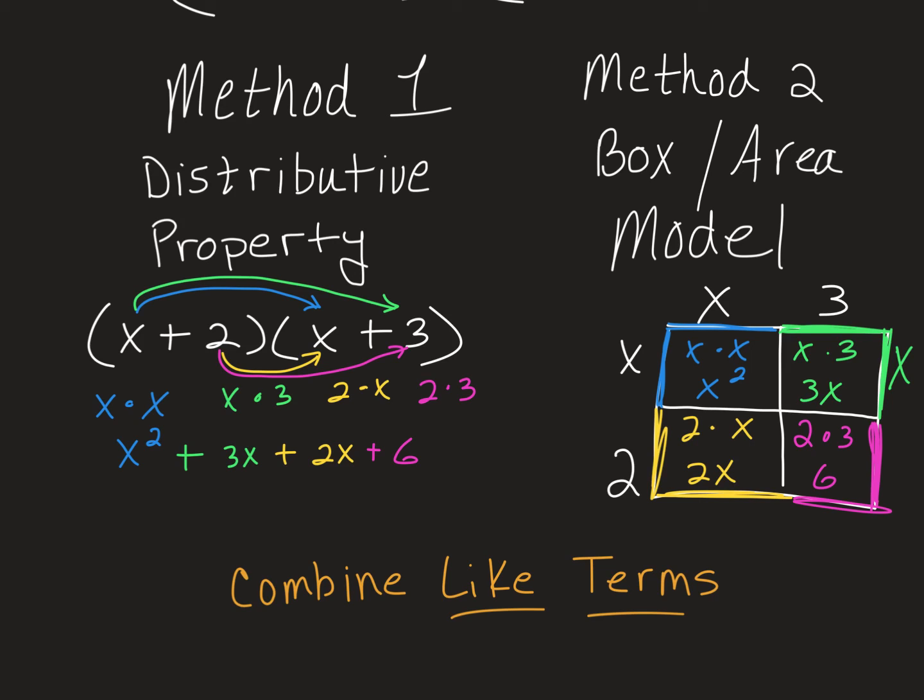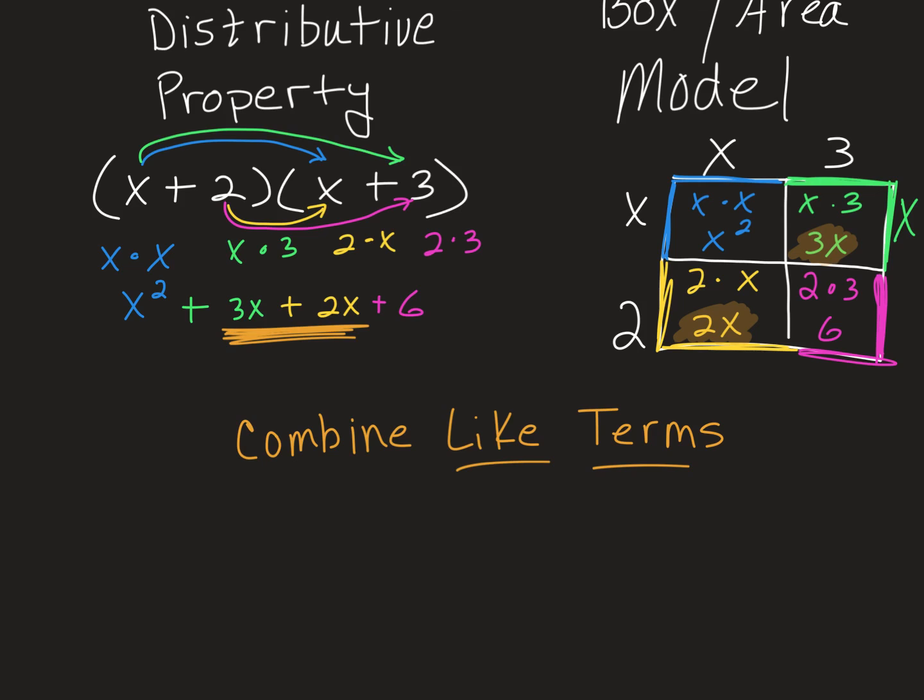So if I look up at my distributive property method, that means that I would combine the 3x and the 2x. And in the box method, I would also combine a 3x and a 2x. So regardless of which method I choose, 3x plus 2x is going to give me 5x.